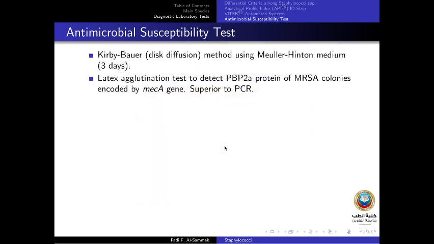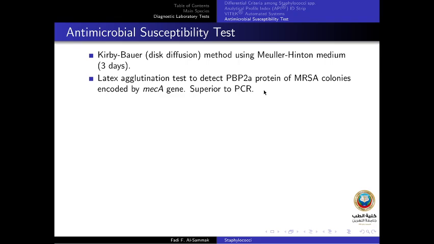This is the idea. Now, another method is the latex agglutination test. This method will detect the protein penicillin binding protein 2A. And this is the protein that is responsible for the resistance in the MRSA colonies, or methicillin-resistant Staph aureus strains, which are the source of a problem.